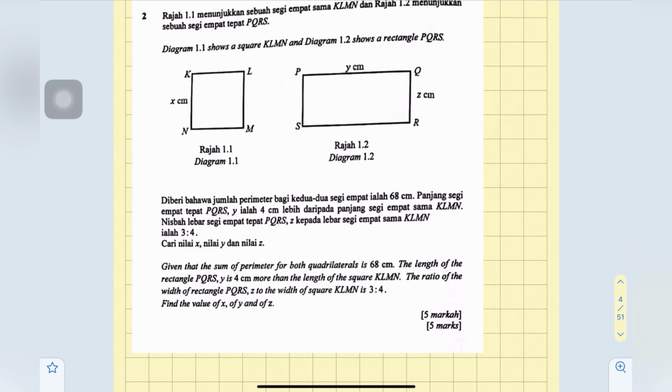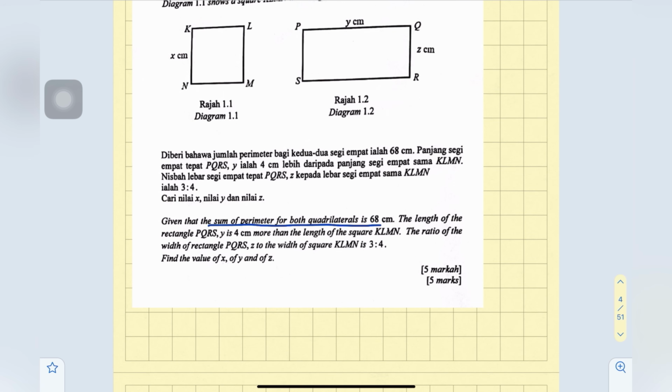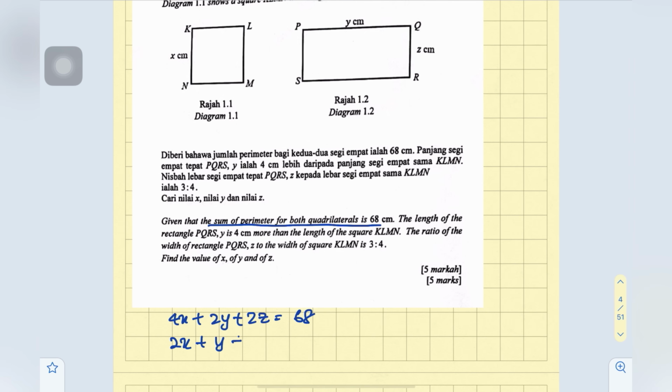The first one says the sum of the perimeters of both quadrilaterals is 68. So we make the perimeters. For this one, the perimeter is 4x. For this one, 2y and 2z. So 4x plus 2y plus 2z equals 68. This we can simplify to 2x plus y plus z equals 34. So we have got one equation, the first equation.